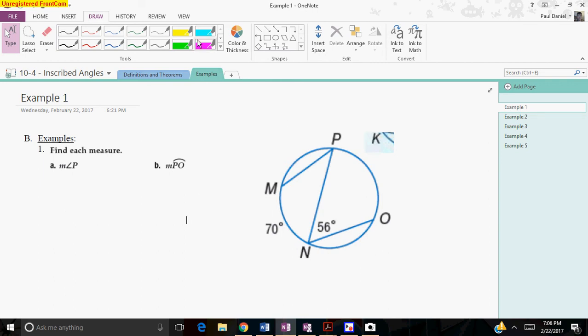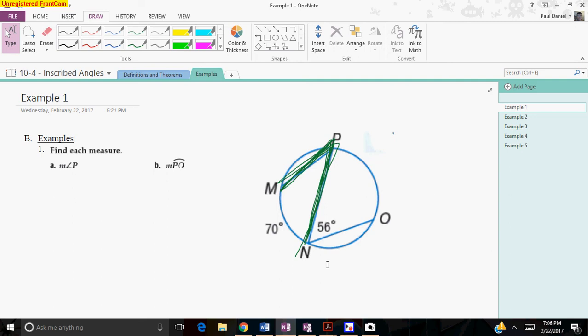So first thing I notice, if I want to find the measurement of angle P, is that angle P is an inscribed angle. So I have this inscribed angle, and I would like to figure out what that measurement is.